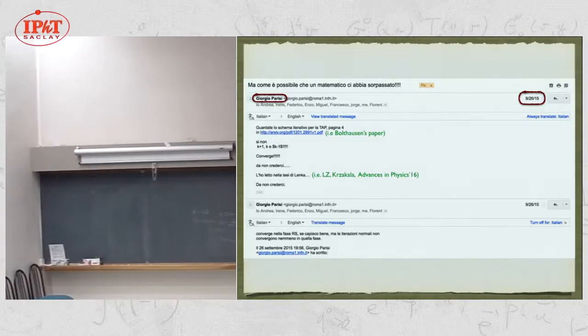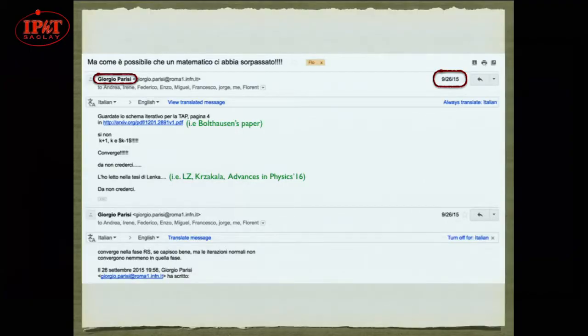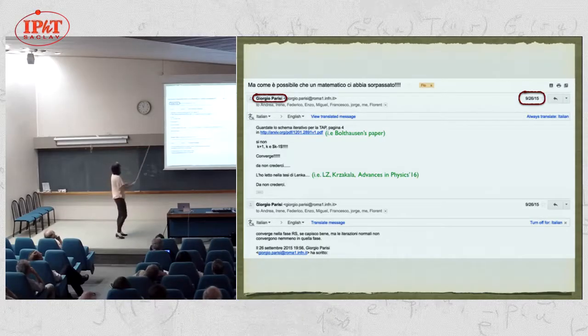And just to illustrate how much that changes everything, some 3 years ago, I received this mail from Giorgio Parisi saying, "Ma come è possibile che a matematico ci abbia sorpassato?" So how is it possible that we were passed by mathematicians? Look at this paper of Bolthausen and change the time index from k to k-1, and now it converges.